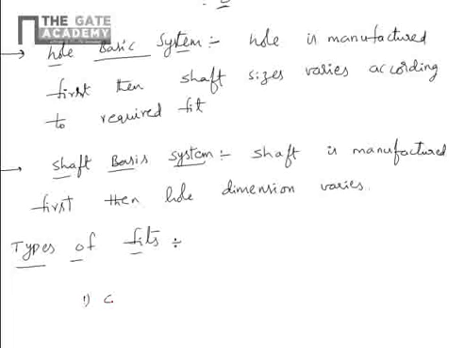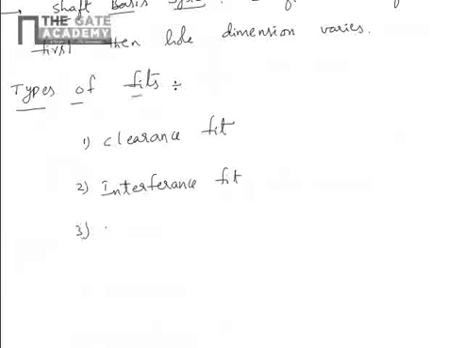One is clearance fit, another one is interference fit, next one is transition fit. So transition fit may be either clearance or interference depending upon the allowance between the two parts.